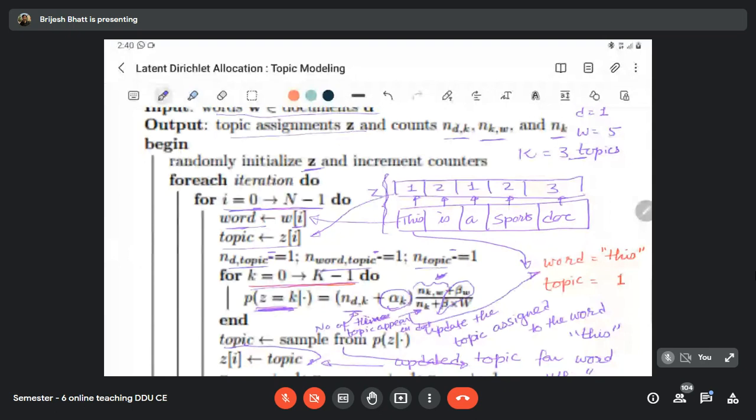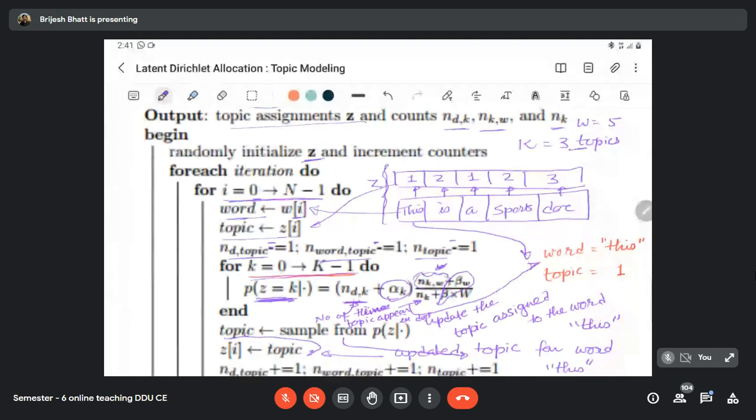So what is the current distribution? Look at the document and see how many times the topic k occurred in the document, that is n d comma k. Look at the word w and see how many times the topic k is assigned to word w. Divide it by the total number of times the topic k occurred. And you get your answer of probability of z equal to k.